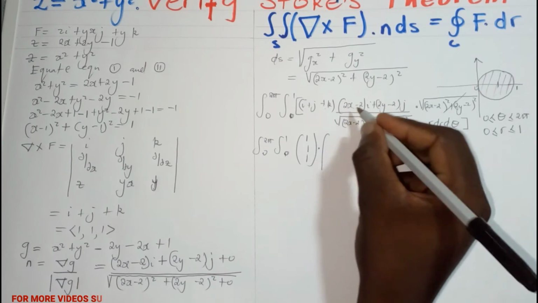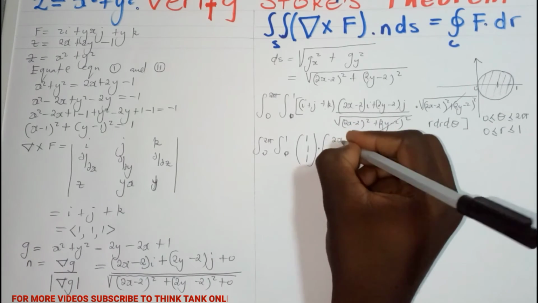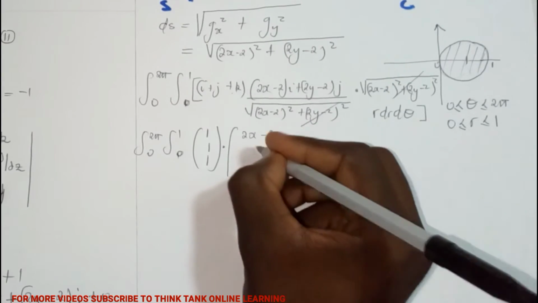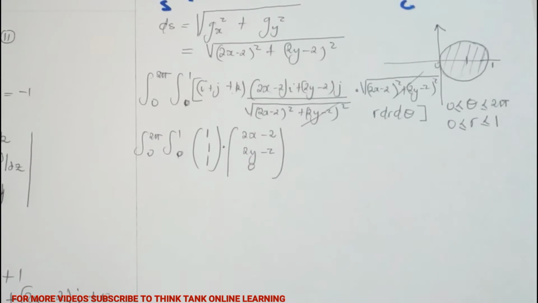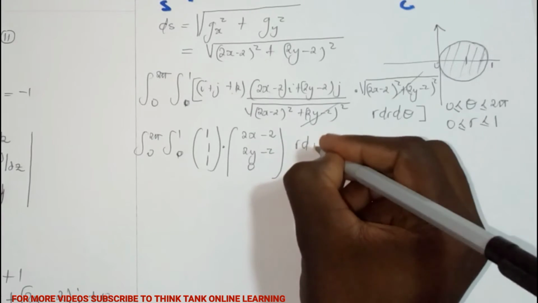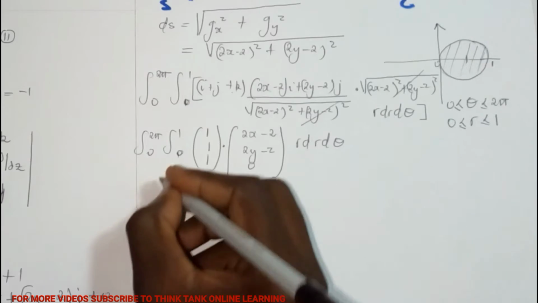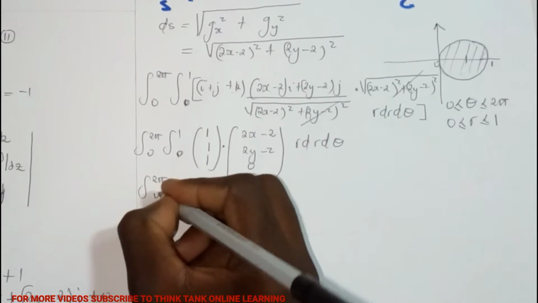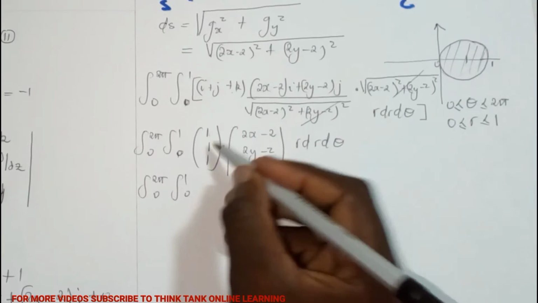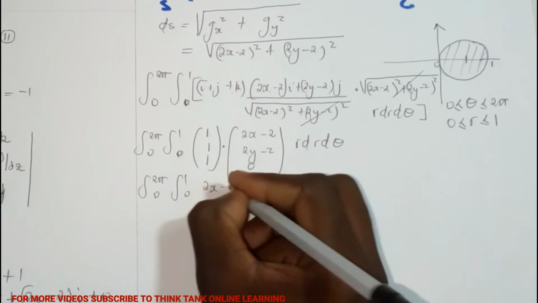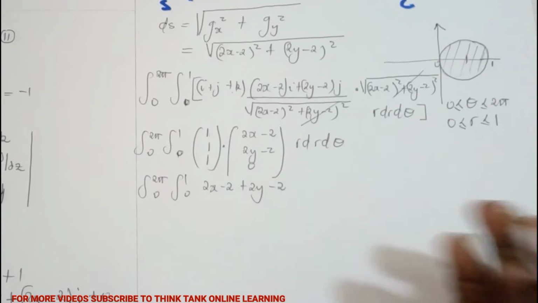Then we have the gradient of g: 2x minus 2, 2y minus 2, and 0, r dr d theta. So this is equal to the integral from 0 to 2 pi, 0 to 1, of this dot product: 2x minus 2 plus 2y minus 2 plus 0.